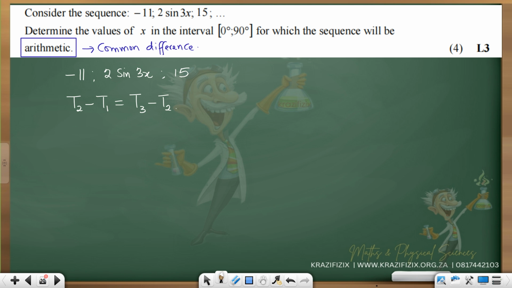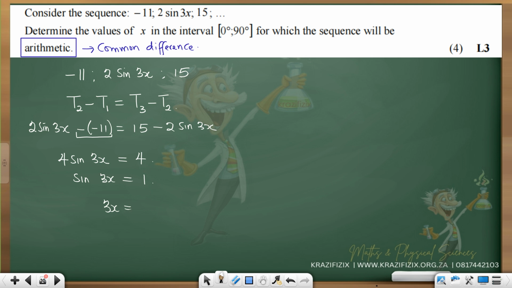So T2 minus T1 is 2 sine 3x minus negative 11, and T3 minus T2 is 15 minus 2 sine 3x. Let's move the negative 2 sine 3x over. It becomes positive: 4 sine 3x equals. Now remember, this one is a positive 11. If it goes over that side, it becomes a negative 11. And 15 minus 11 gives us 4. Divide both sides: sine 3x is 1.